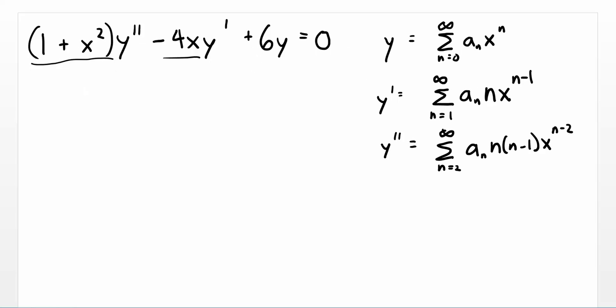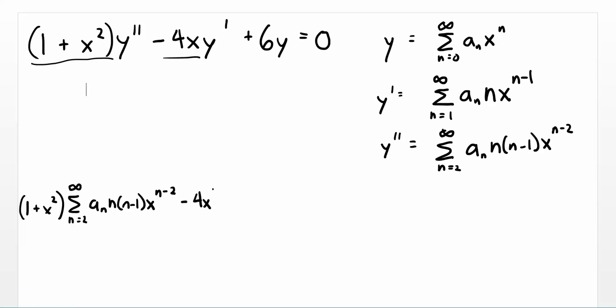So we'll plug this in like before. 1 plus x squared times the second derivative. And again, there are many places you can make mistakes in these problems, so just be very careful.